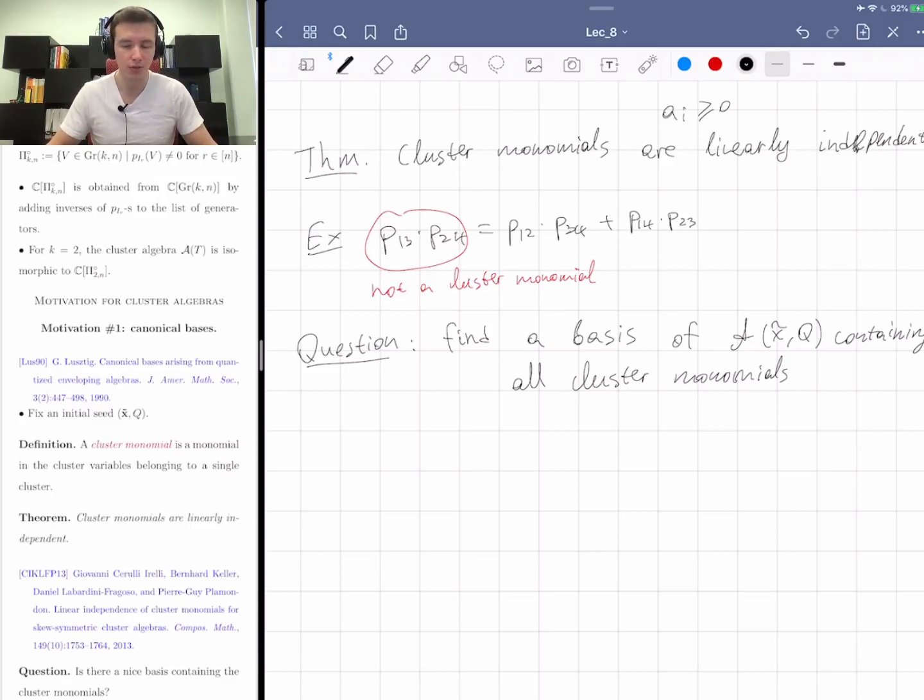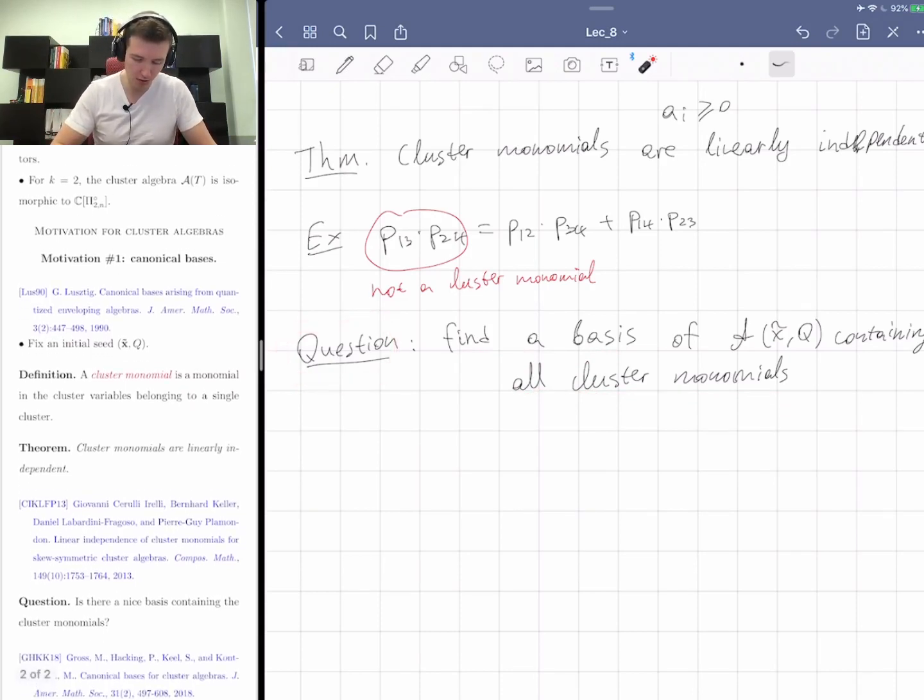And hopefully there are several questions. First of all, does Lusztig's basis contain all cluster monomials? And second of all, can you find a basis? And it turns out that there is, but the answer to this question is not completely satisfactory.